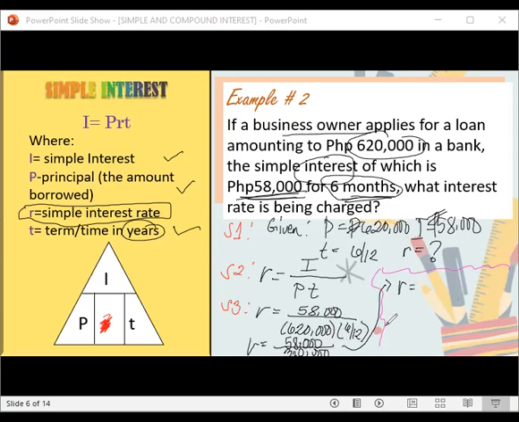The answer is 0.187. So, kumuha lang ako ng 3 decimal places. Ma'am, tapos na po ba? Yan na po ba yung rate natin? 0.187?